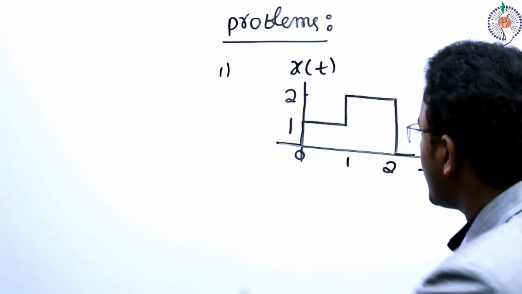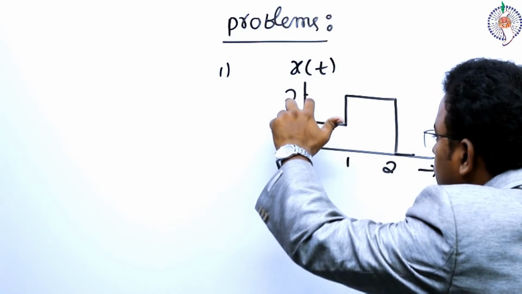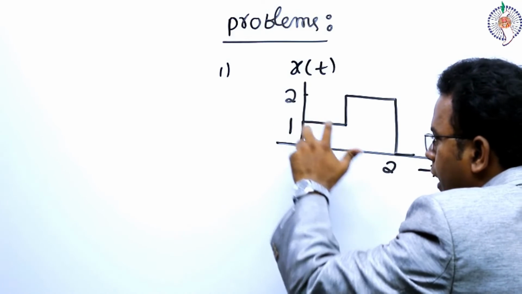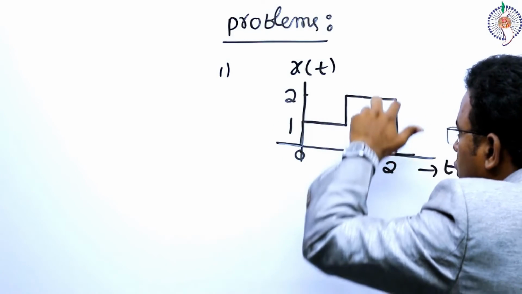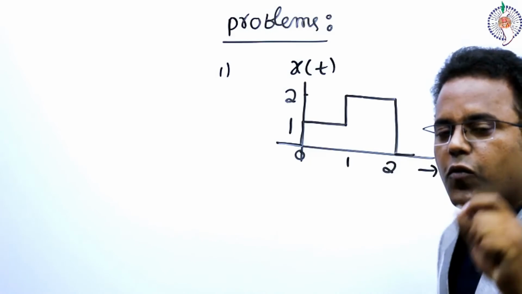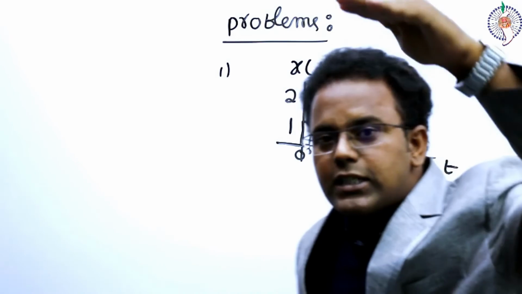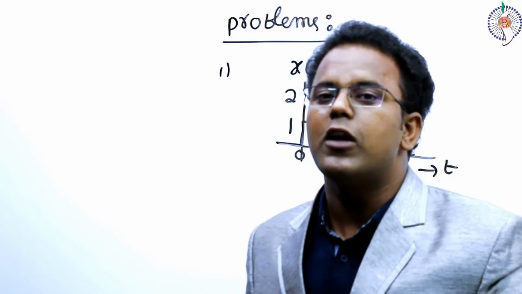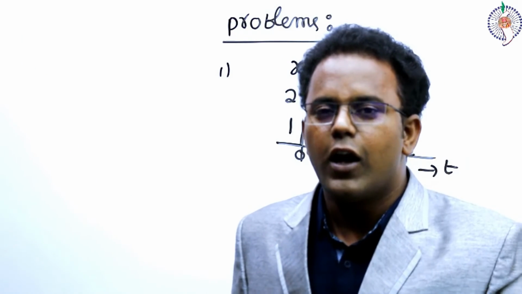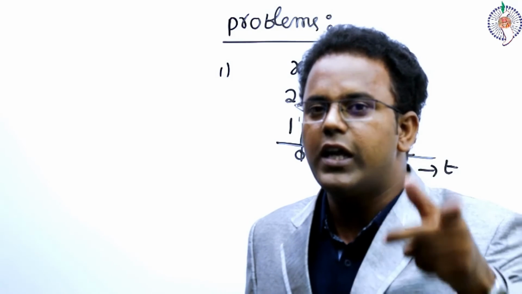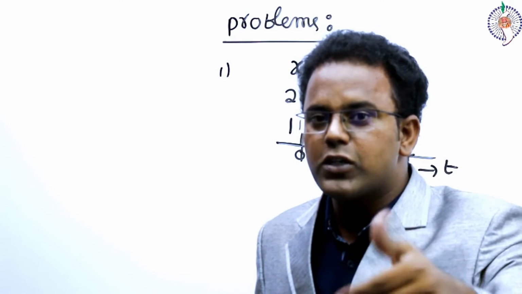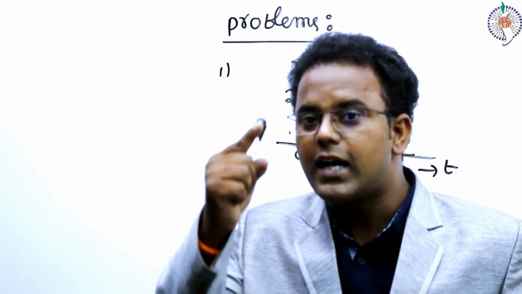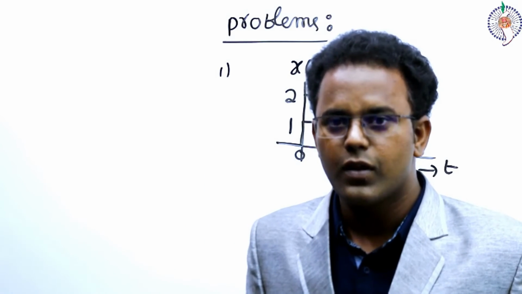For example, at t equal to 0, amplitude suddenly changes from 0 to 1. At 1, 1 to 2. At 2, 2 to 0. So wherever there is a sudden change in amplitude, a step signal will be present. Like u of t at 0, t minus 2 at 2, t plus 2 at minus 2.